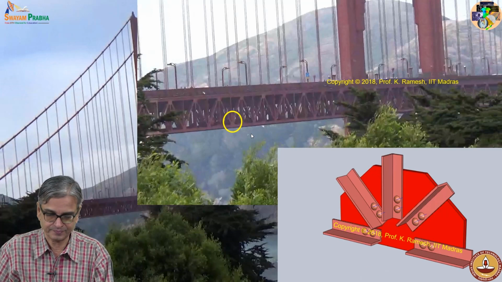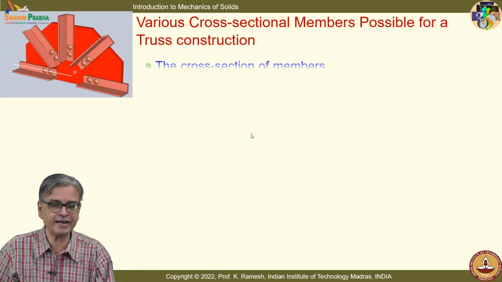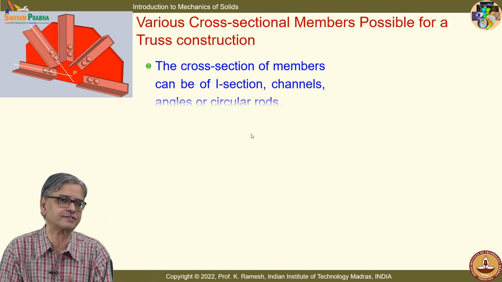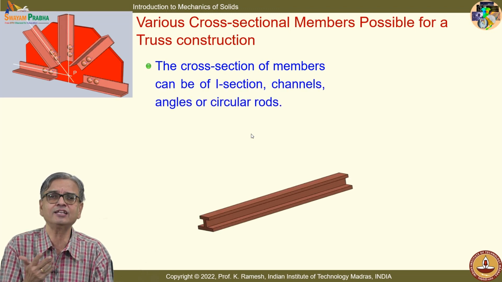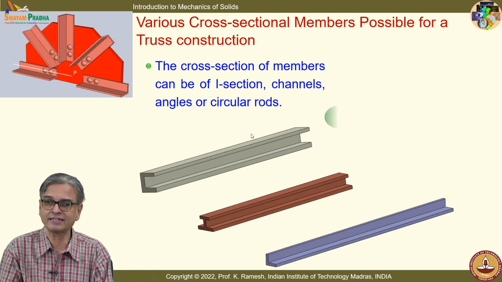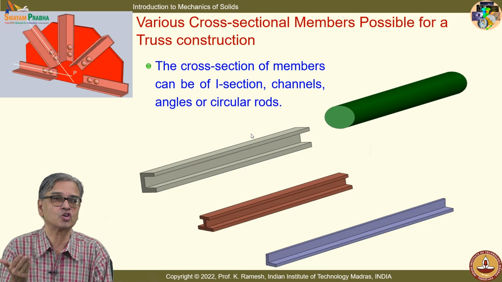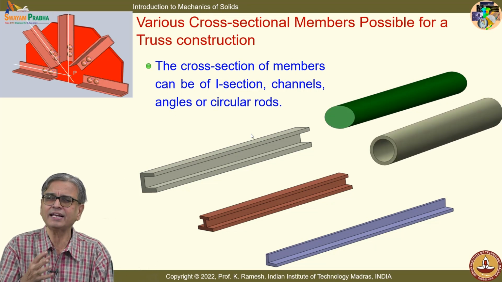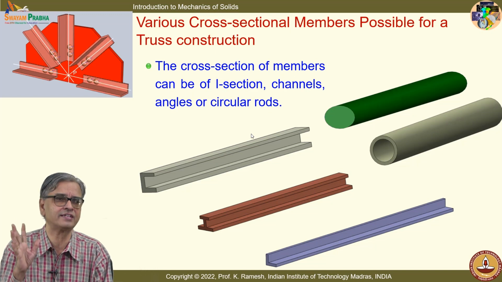It's not so. And you also find the various cross sections. See, as far as axial load is concerned, whether I use the I cross section or channel or the L angle or a solid rod or a hollow one, it really doesn't matter. It is based on convenience.